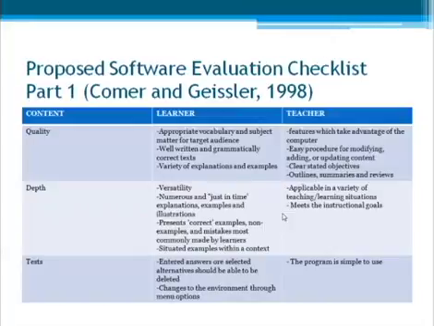B. Well-written and grammatically correct text. C. Variety of explanations and examples. An example of depth features include A. Numerous and just-in-time explanations, examples, and illustrations. B. Presents correct examples, non-examples, and mistakes most commonly made by learners. And C. Situated examples within a context.